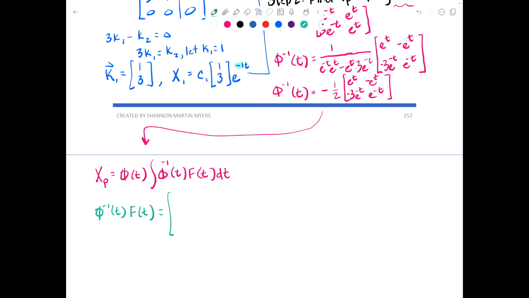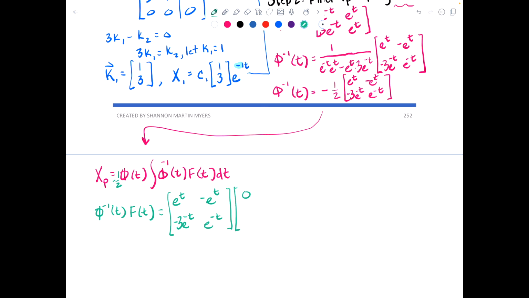So we have Φ inverse first, and remember, we're going to factor out a negative 1/2. So that's going to go along for the ride the whole time. We'll just put our e to the t, negative 3e to the negative t, negative e to the t, and e to the negative t.